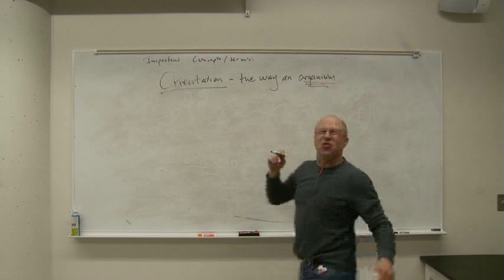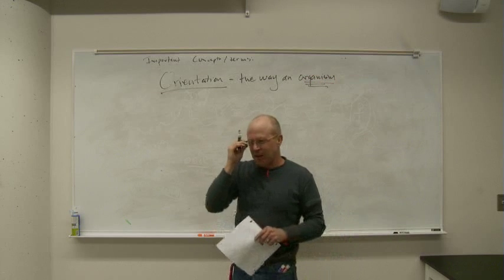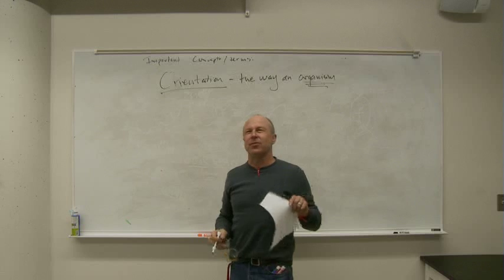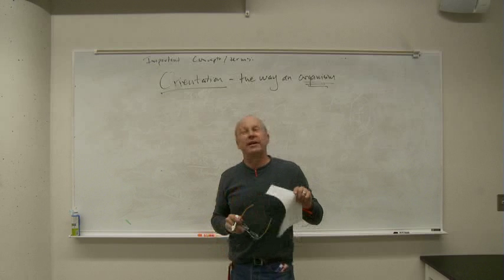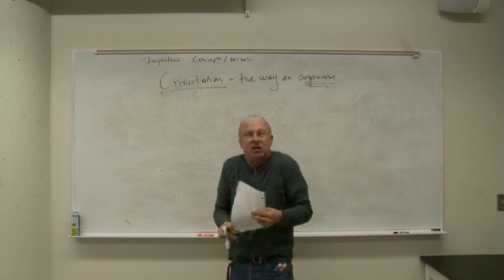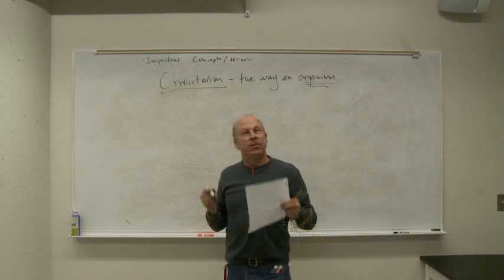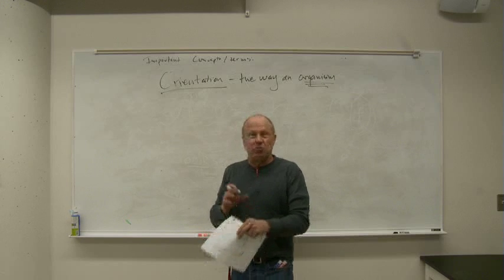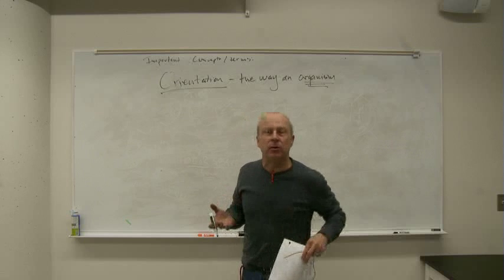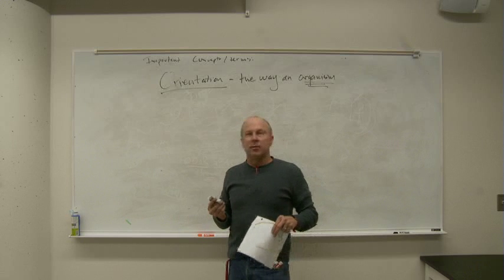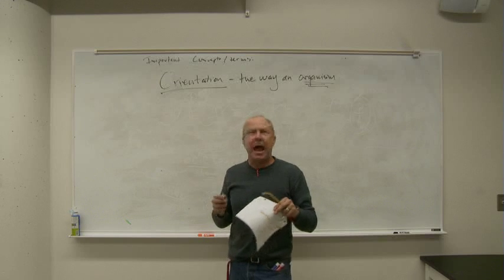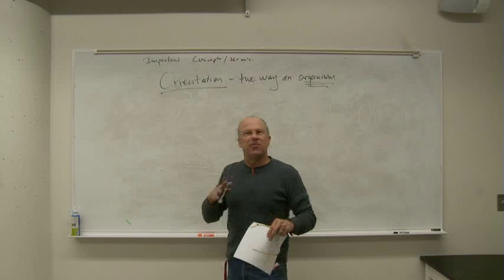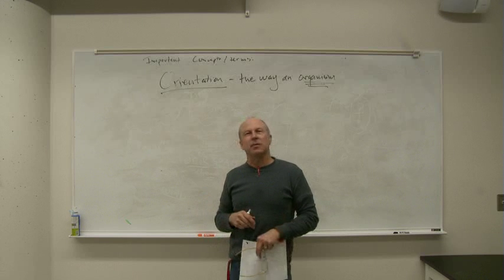Notice that we're using the word organism. And this is the class in animal behavior but there are other organisms that behave. It's not just an animal thing. Think protistans, not just protozoans like a paramecium or an amoeba, but think about an alga, some little photosynthetic flagellate or something like that.